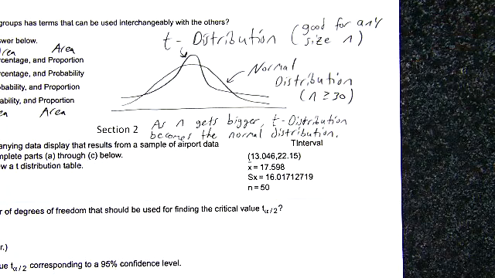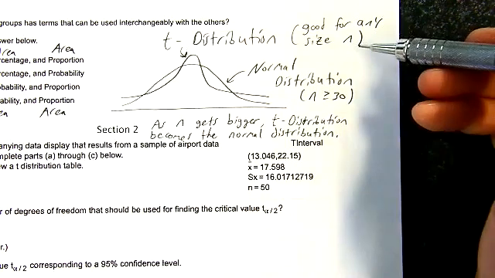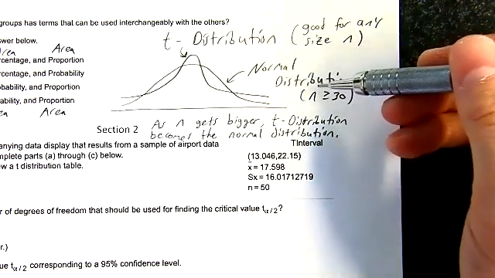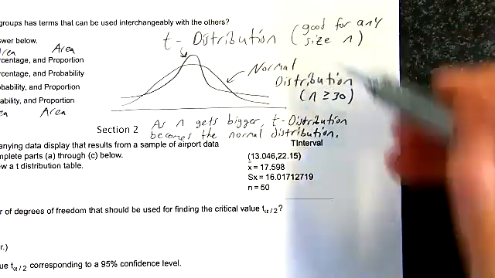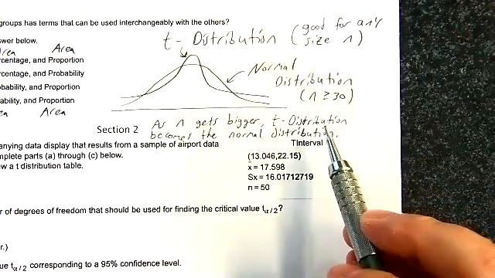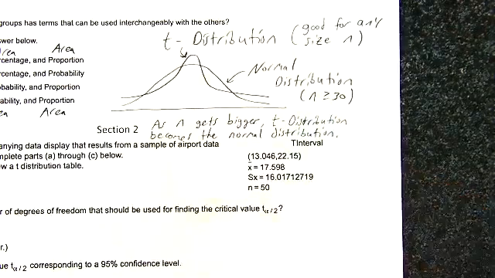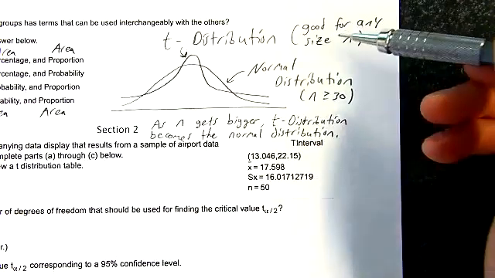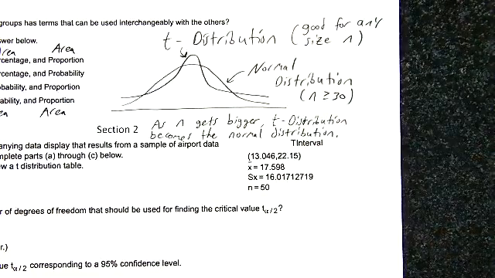That made us pause on some of the problems we've worked in this class, because to make our hand calculations doable in a reasonable time frame, we worked with a size n of 5 or 6 or 10. And we were doing normal stuff with it, but you can't really do that, because the normal distribution really works best when you have sample sizes bigger than 30. So this T distribution would allow us to work with these smaller sample sizes.